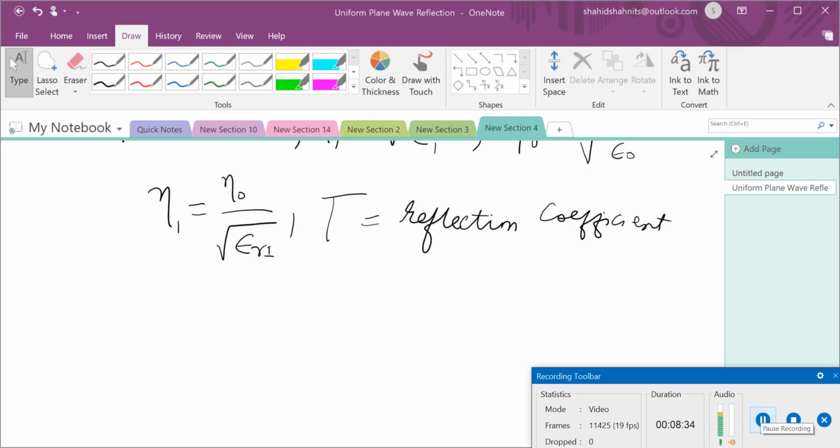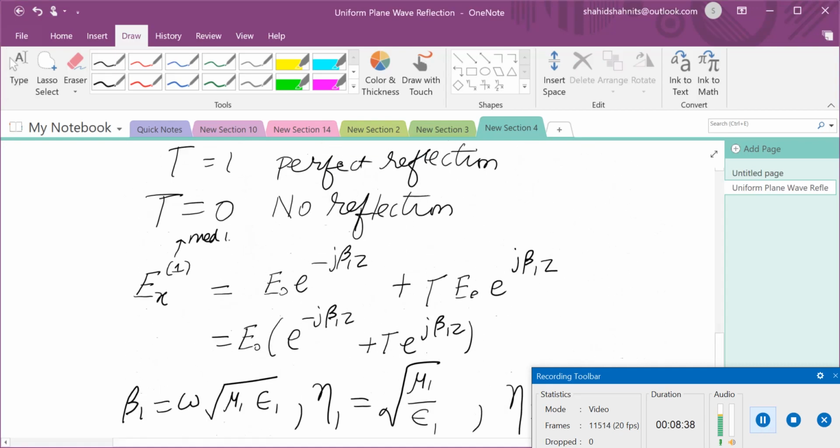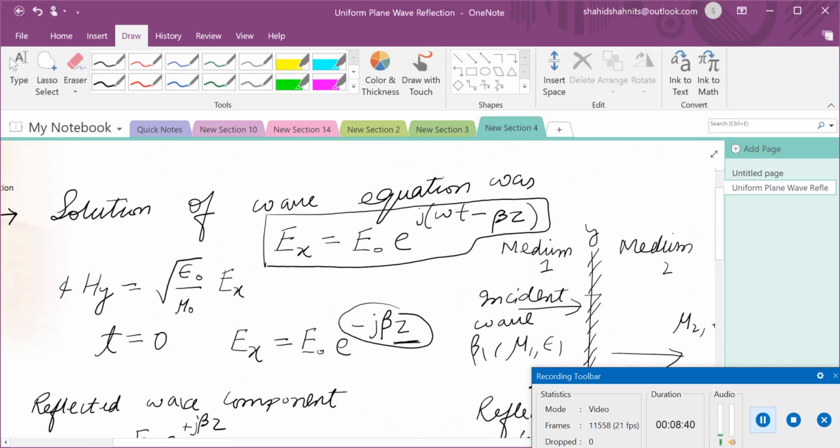And meanwhile we can also write Hy1. If you recall what I wrote at the top, if we derived it last time, Hy, which is the magnetic field intensity component, is equal to the square root of epsilon naught by mu naught times Ex.